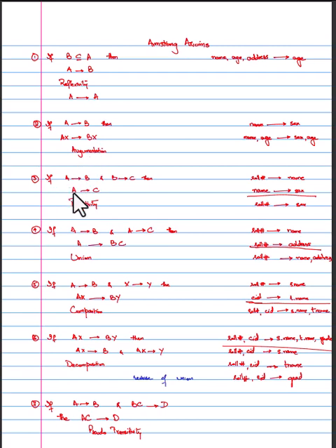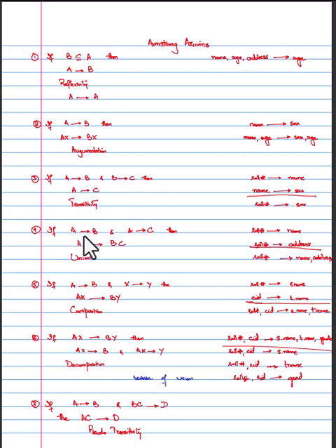The third property is: if A identifies B and B identifies C, then A must identify C, and this property is called transitivity. Suppose student ID identifies student name and student name identifies address. So this means student ID must identify the address.